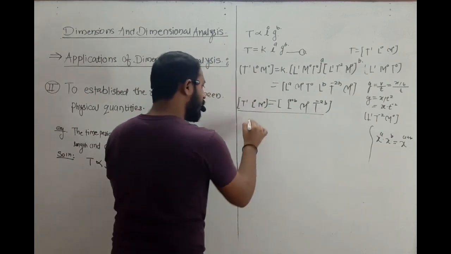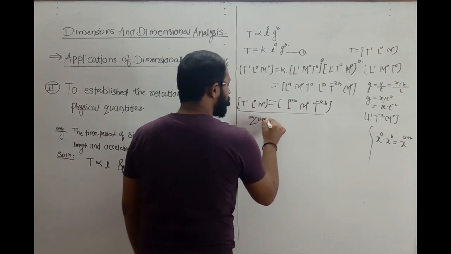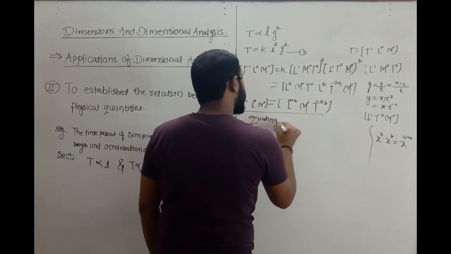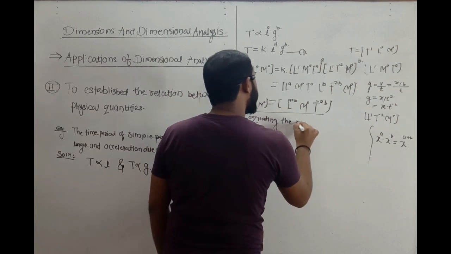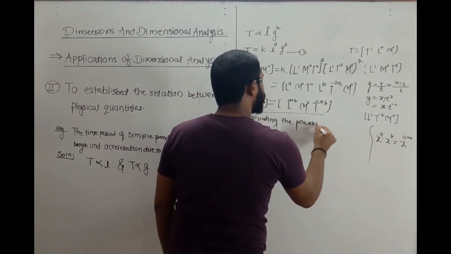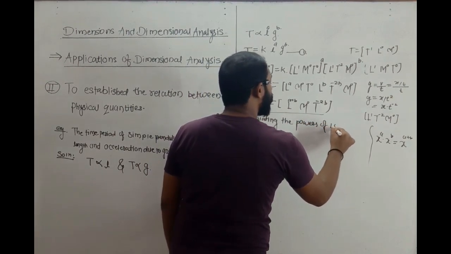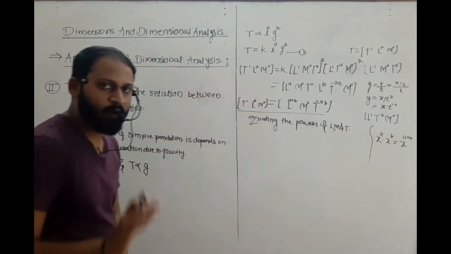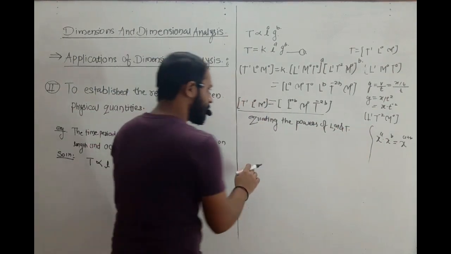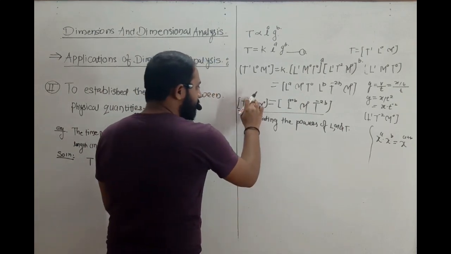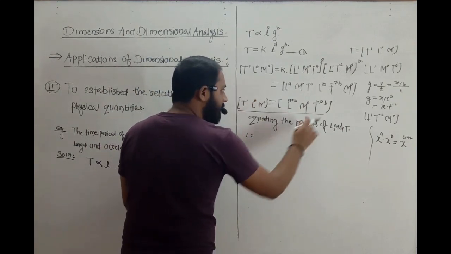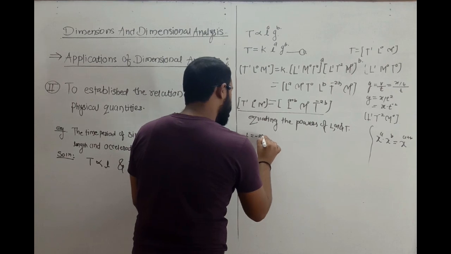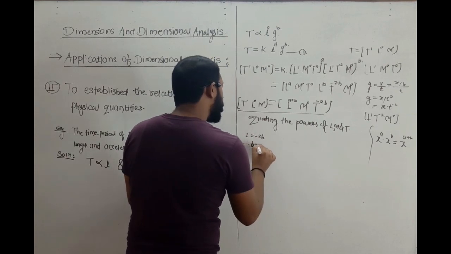Now, equating the powers of L, M and T. Now see, the power of T here is 1, and here T power minus 2b. Therefore, b equals how many?